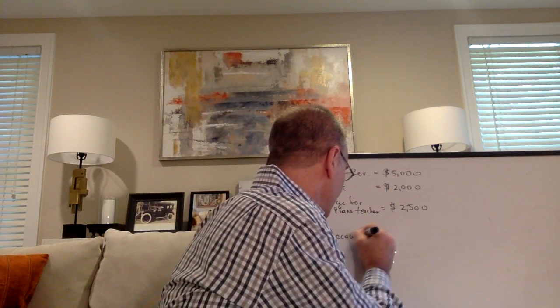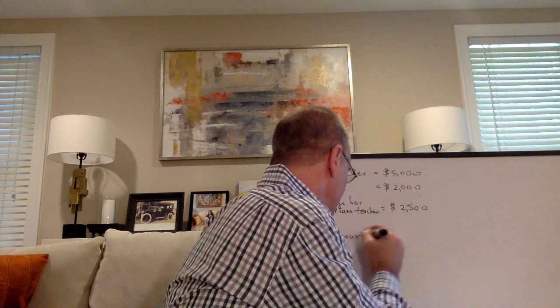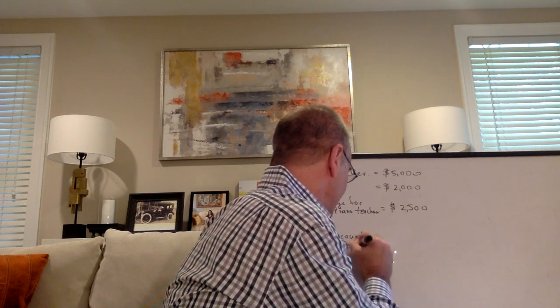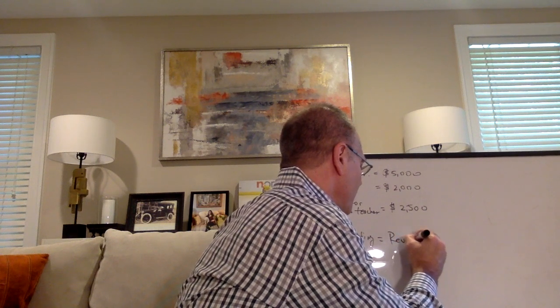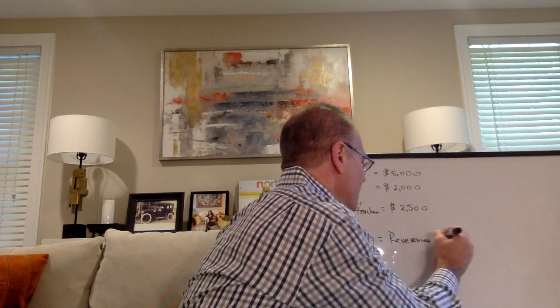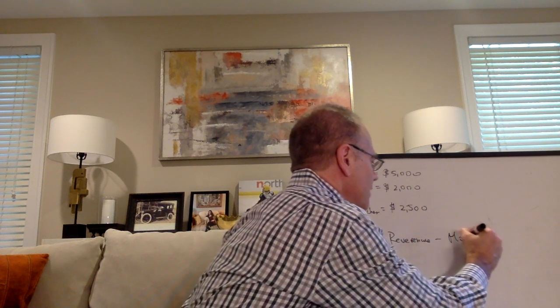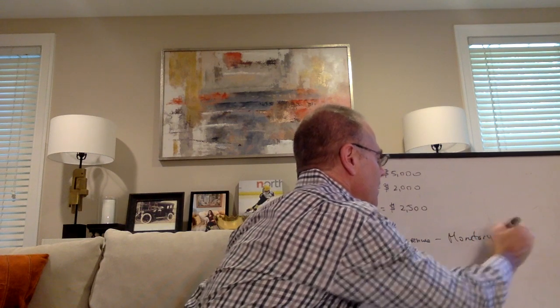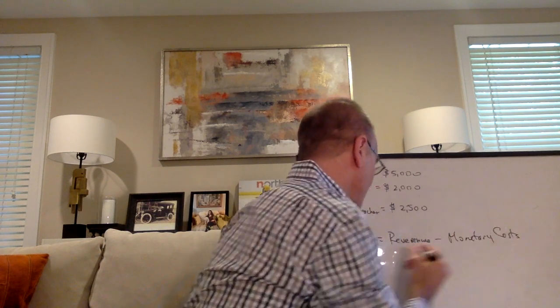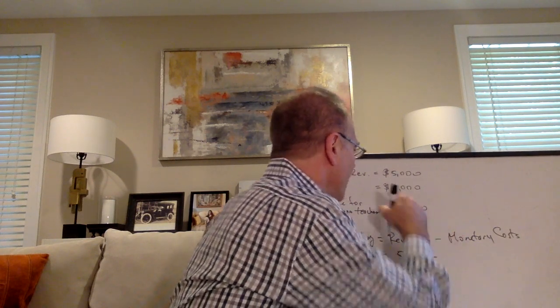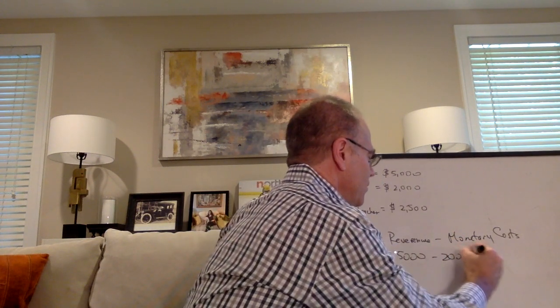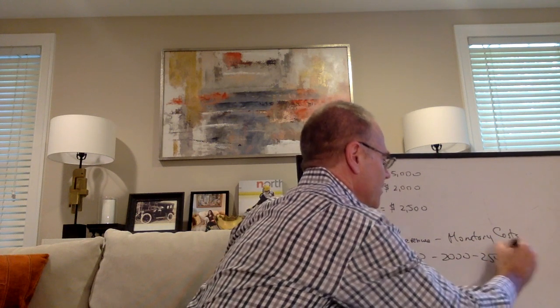So accounting profit just equals revenue minus monetary costs. Okay, so in this case, it just equals 5,000 minus 2,000 minus 2,500.